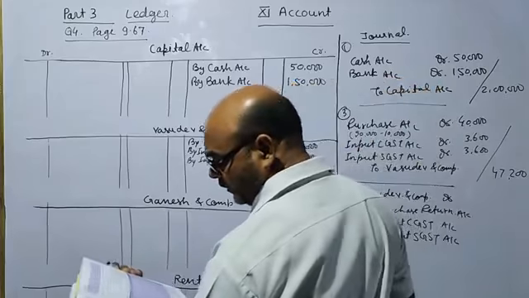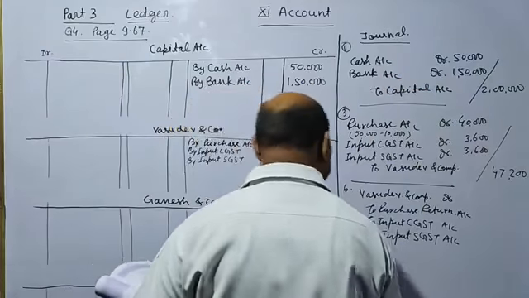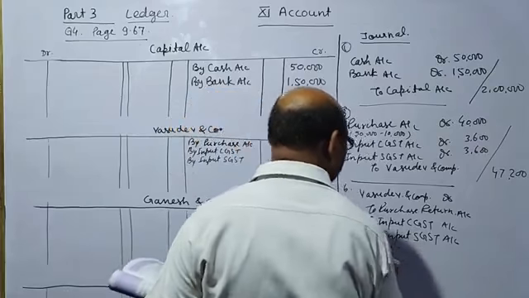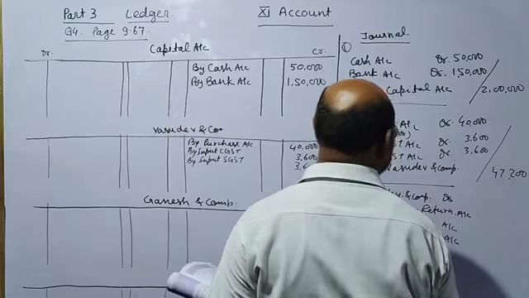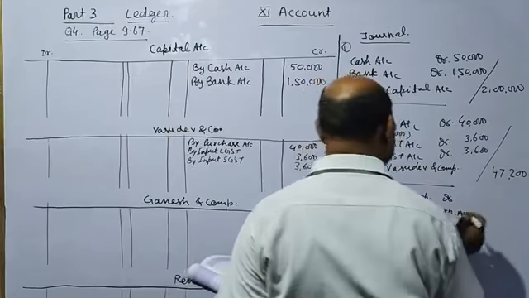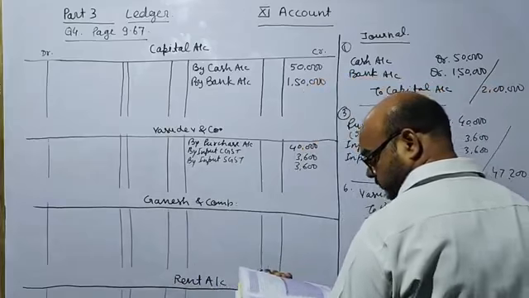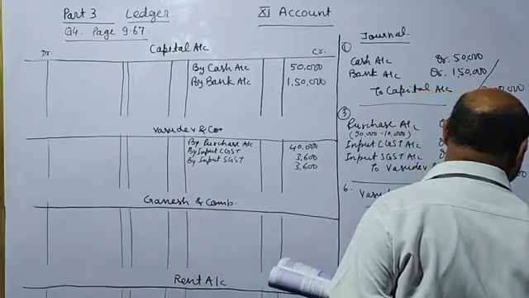Here the purchase return amount is given 5,000. This is the list price. So that 20%, 1,000, you will minus. So purchase return will be 4,000 and GST 9%, 360.